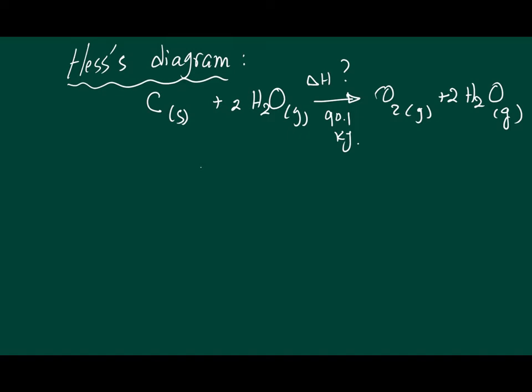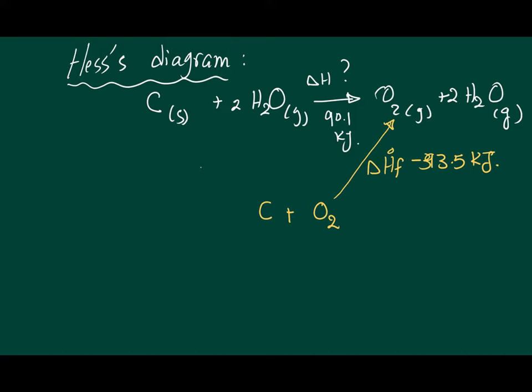Here, the first equation that you added included carbon. First reaction we used was carbon plus O2 to produce CO2. So C plus O2 produces CO2. And the delta H here, the heat of formation of this reaction, was minus 393.5 kilojoules. Also, we used another equation.